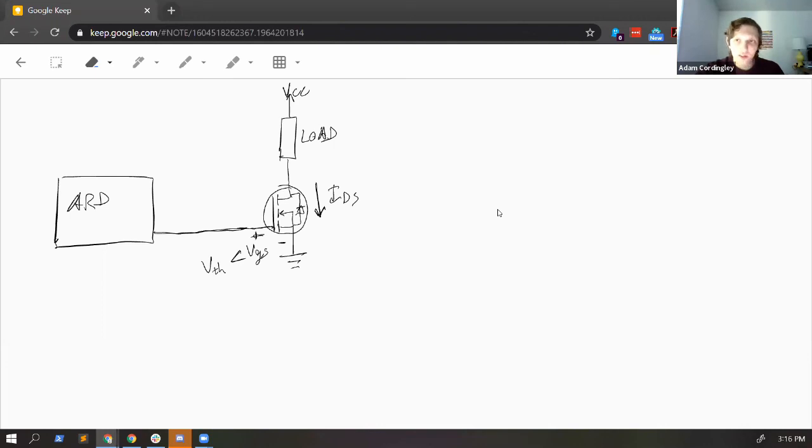So MOSFETs are nice. You don't have to have that resistor limiting gate current. You can just have an Arduino switching a MOSFET and switching on and off a load.